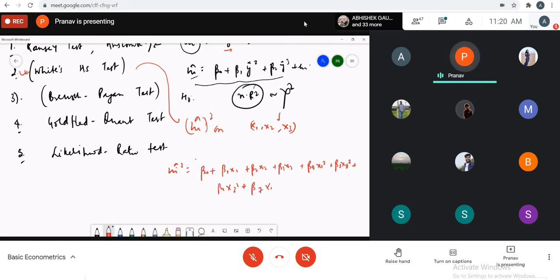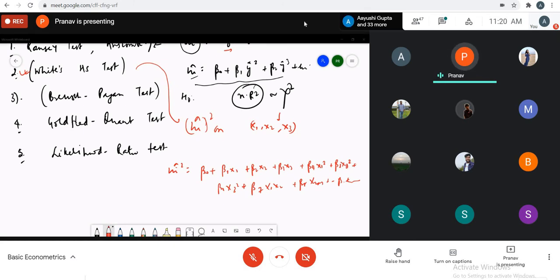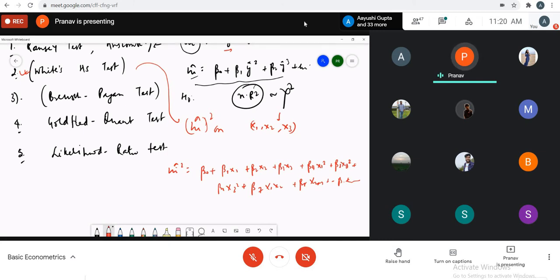Beta 7 x1 x2, beta 8 x2 x3, beta 9 x1 x3, and so on and so forth. So you understand that as more and more explanatory variables you have in the model, it becomes more and more cumbersome to write or to run an auxiliary regression for conducting a White's heteroskedasticity test.